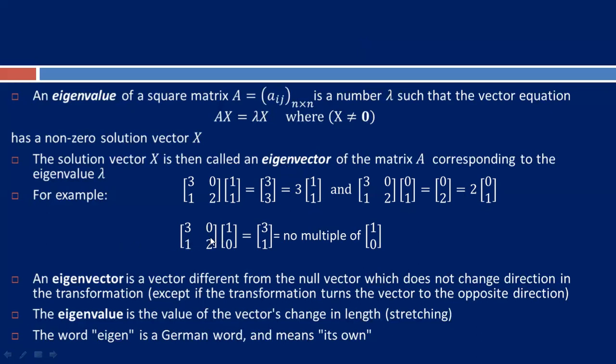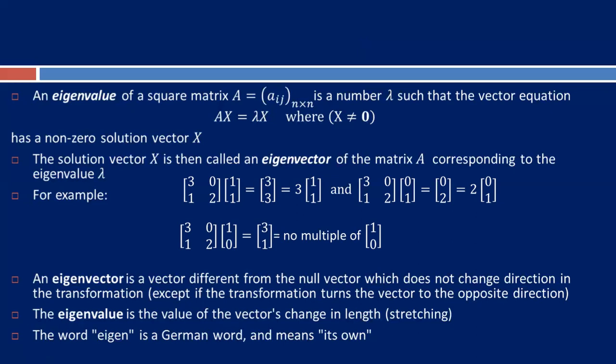Now I choose another x, and here I choose 1 0. Multiply it, and you see you have no common multiple. If you have no common multiple, then you have no eigenvalue.